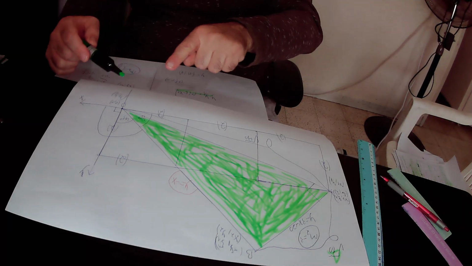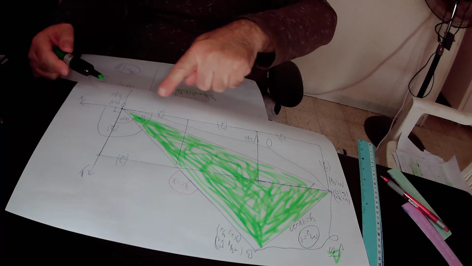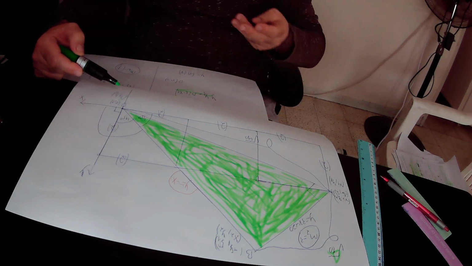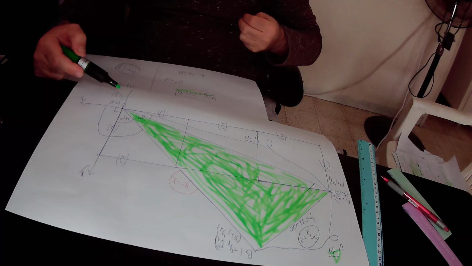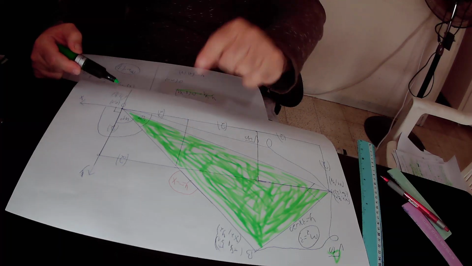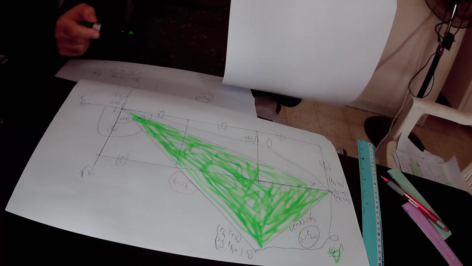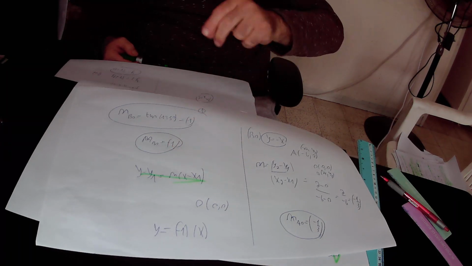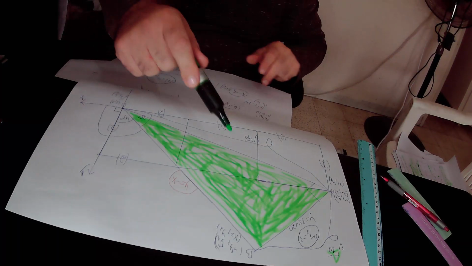Point O is definitely located on the straight line BO. It is the origin, and you know that the origin of any Cartesian system is (0, 0). So we have one point, and the slope is minus 1. Therefore we can use this formula in order to find out the equation of the straight line BO.